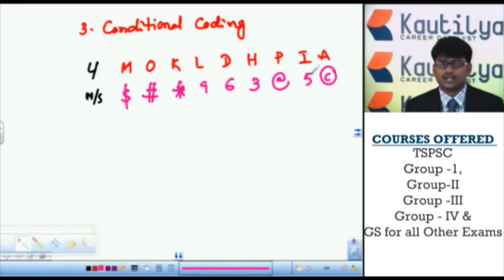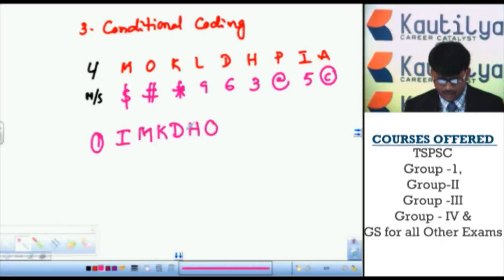They give a condition: if the first letter and the last letter of the group of letters are vowels, both are to be coded by the at the rate of symbol. For example, the given question is I, M, K, D, H, O. The first letter and last letter are vowels, so both are coded by the at the rate of symbol.